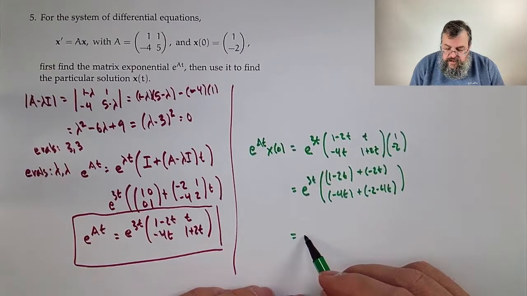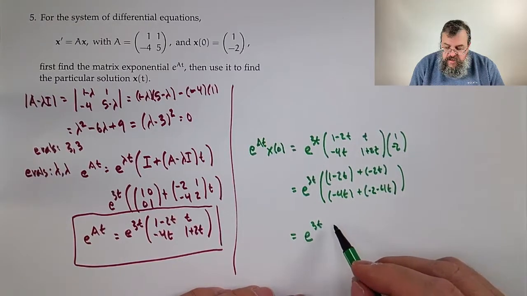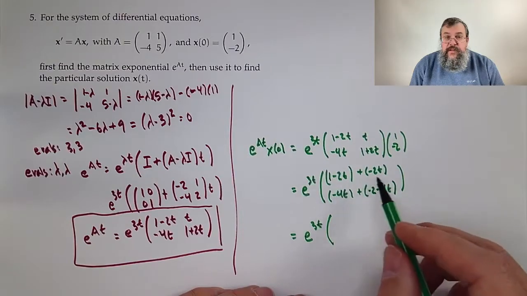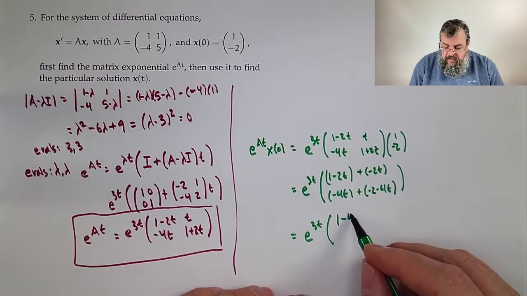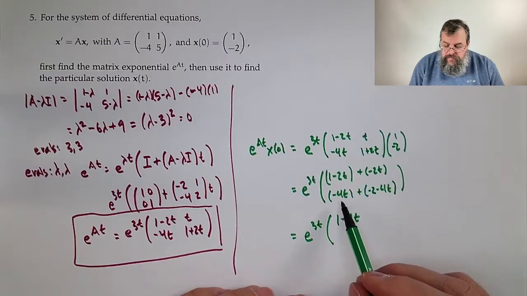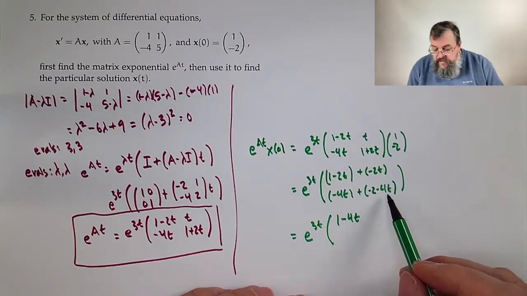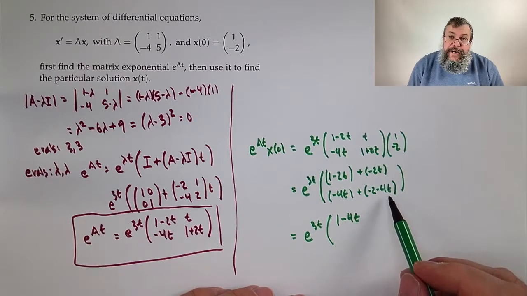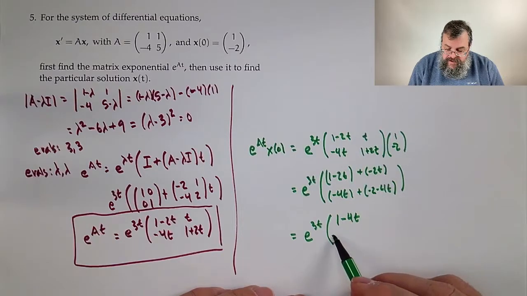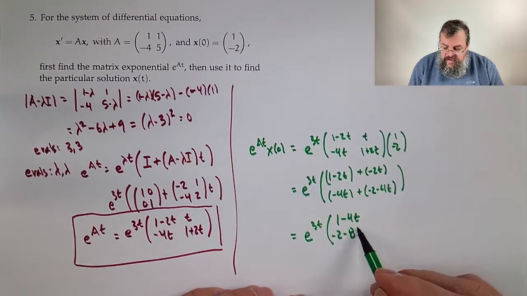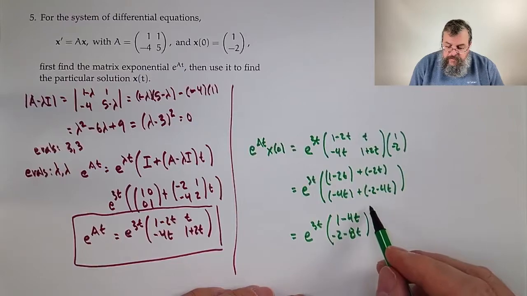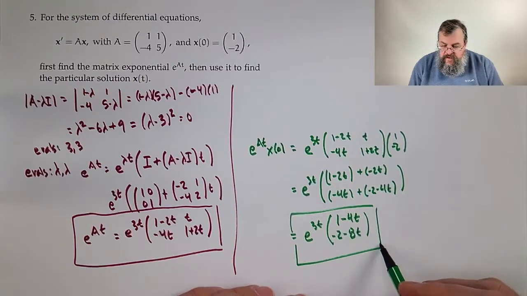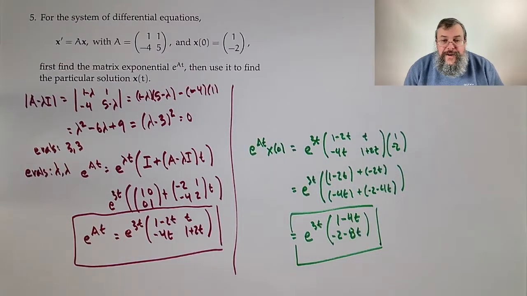Which leaves us with e to the 3t, and then it'll be 1 minus 4t, and then we have minus 4t minus 4t, that's minus 8t, and then there's a minus 2. So minus 2 minus 8t. And that's the answer. There we go.